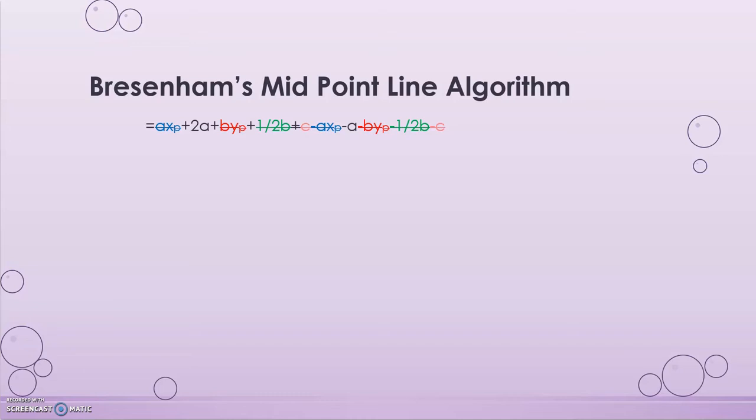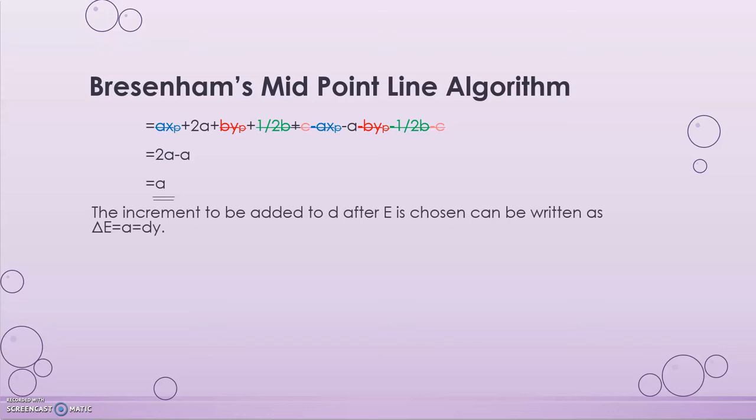C and minus c, marked in pink, are also cancelled. Remaining is 2a minus a, which is a. So the increment to be added to d after E is chosen can be written as delta E equals a, which equals dy. We already know that a is equal to dy.